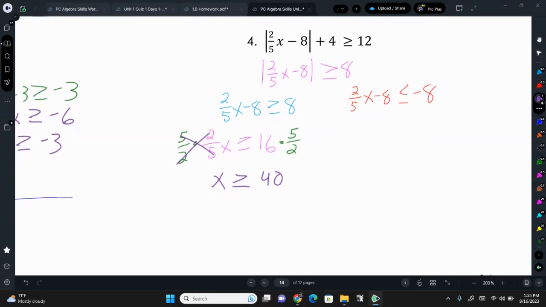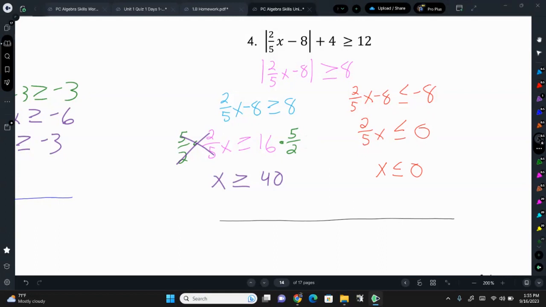So x is greater than or equal to 40. Now the red one, add 8 to both sides, 2 over 5x is less than or equal to 0. Well, that's nice because when we multiply both sides by 5 over 2, we're still going to get 0.